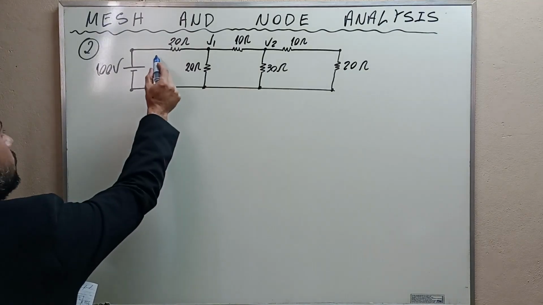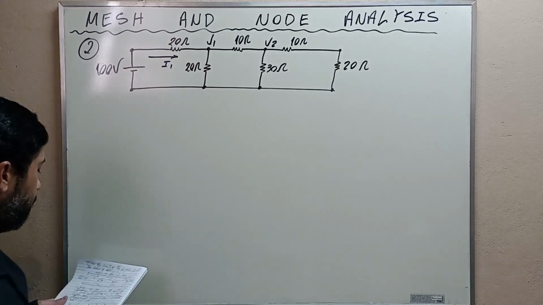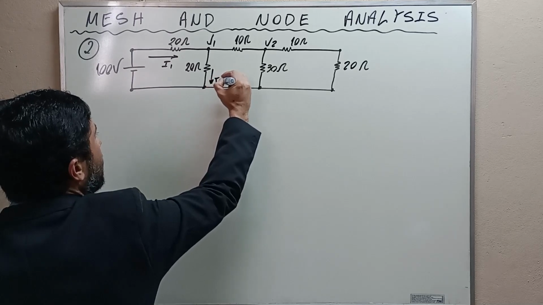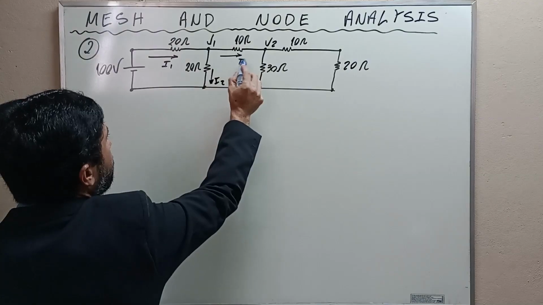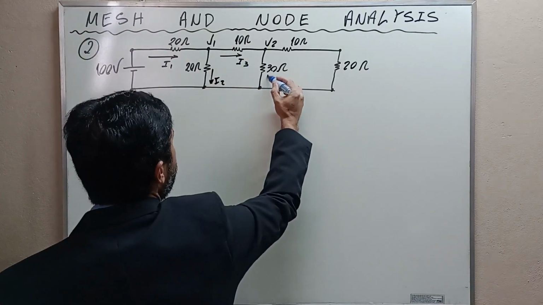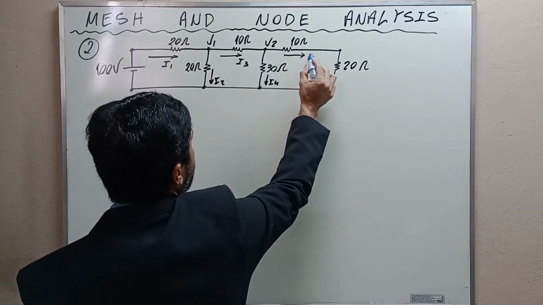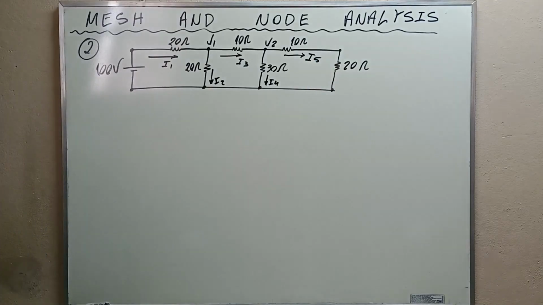We're going to call this current here I1. This current here, I'm going to call I2. This will be I3. This will be I4. And this will be I5. Alright, my friends.